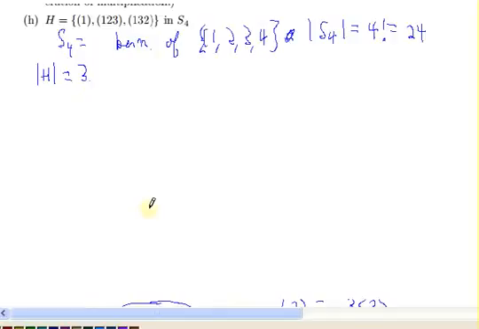Okay. Now, to find cosets of H in S4, I'm going to use a similar process to what I did before. I'm going to take H and multiply. Let's do the left cosets first. To do the left cosets, I have to multiply on the left by group elements.